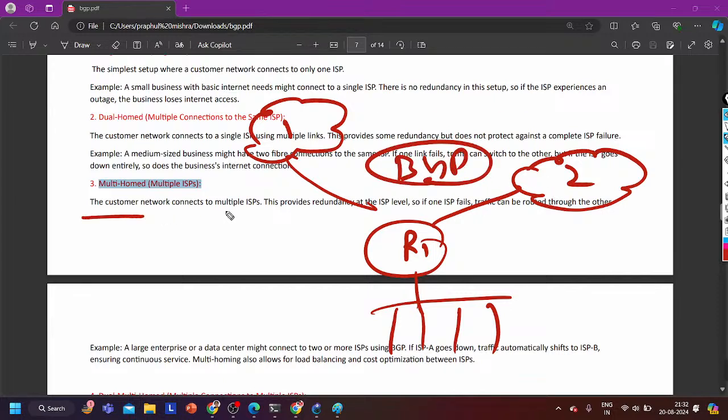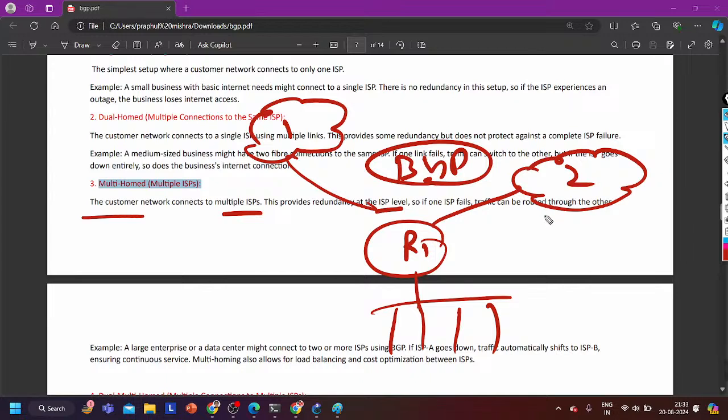So the customer network connects to multiple ISPs. This provides redundancy at the ISP level as well as at the link level. So if one ISP fails, traffic will still route towards the other ISP. Got it, guys?